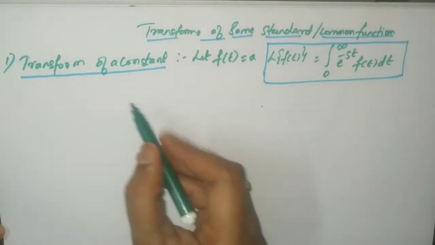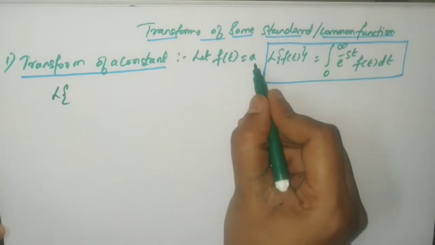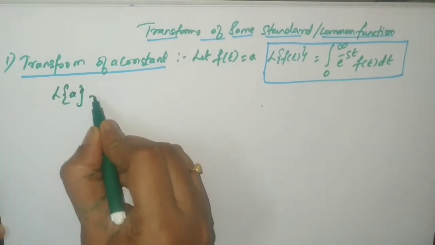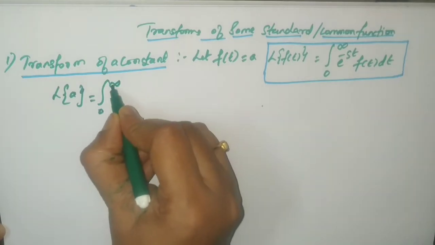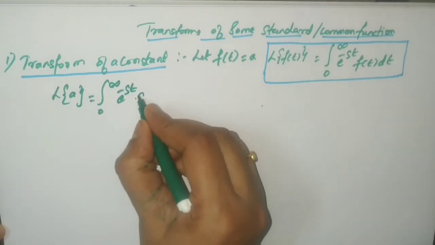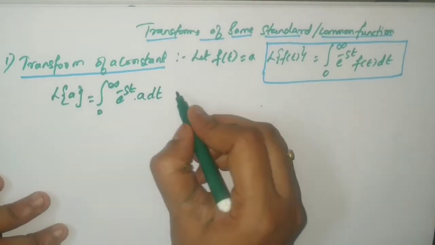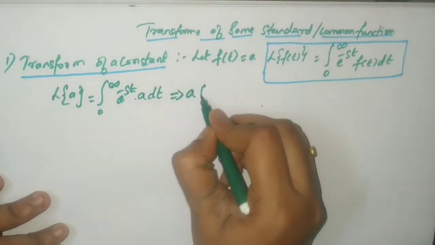the transformation of a constant. So Laplace of a, instead of f of t we have a, is equal to integral 0 to infinity e power minus st, wherever f of t is there, replace it by a, into dt. As a is a constant, you can take it out of the integration.